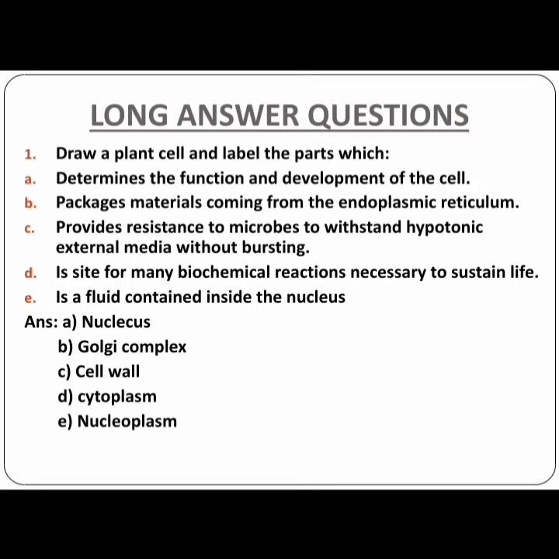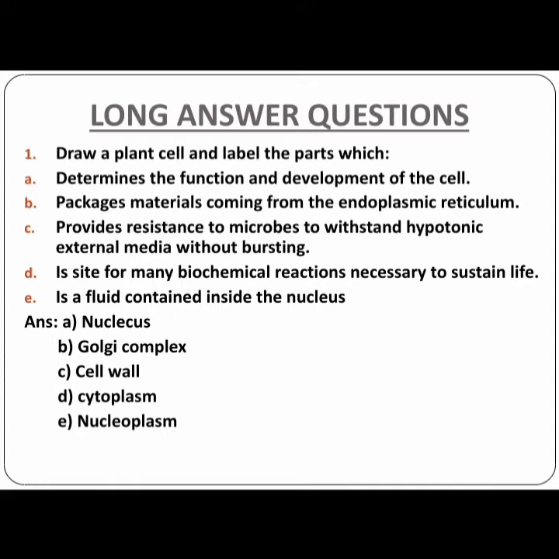So here under long answer questions, the first question is: draw a plant cell and label the parts. In this question you need to draw a plant cell. Refer to the textbook for a clear picture. Under this question we have a few sub questions, where you can answer in one word.